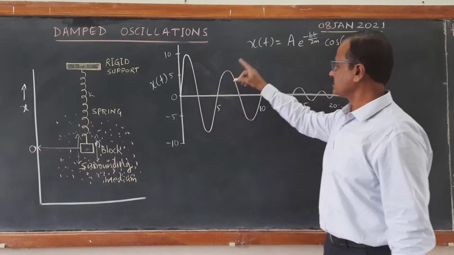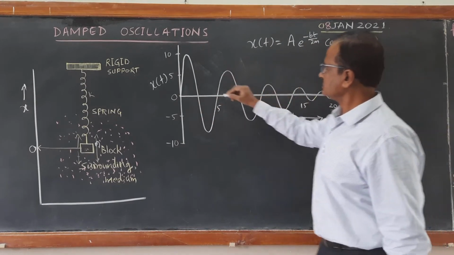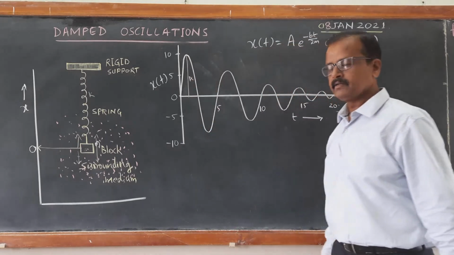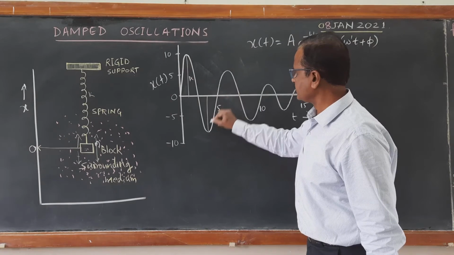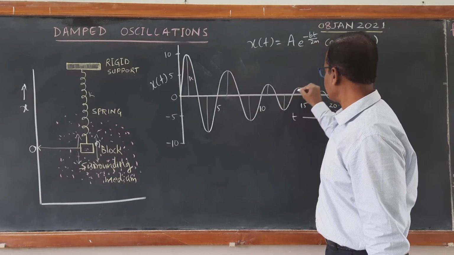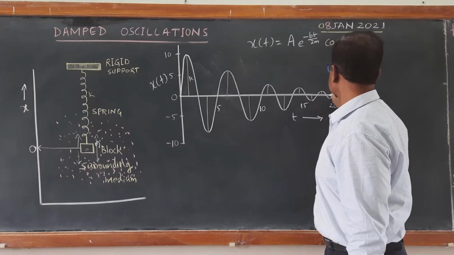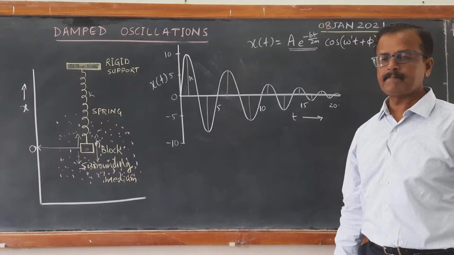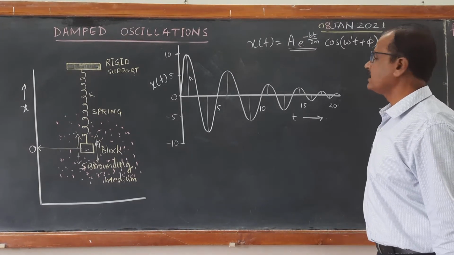You can see the amplitude, represented by A, keeps on decreasing. How does the amplitude go on decreasing? It is given by this factor, A e raised to power minus bt by 2m.